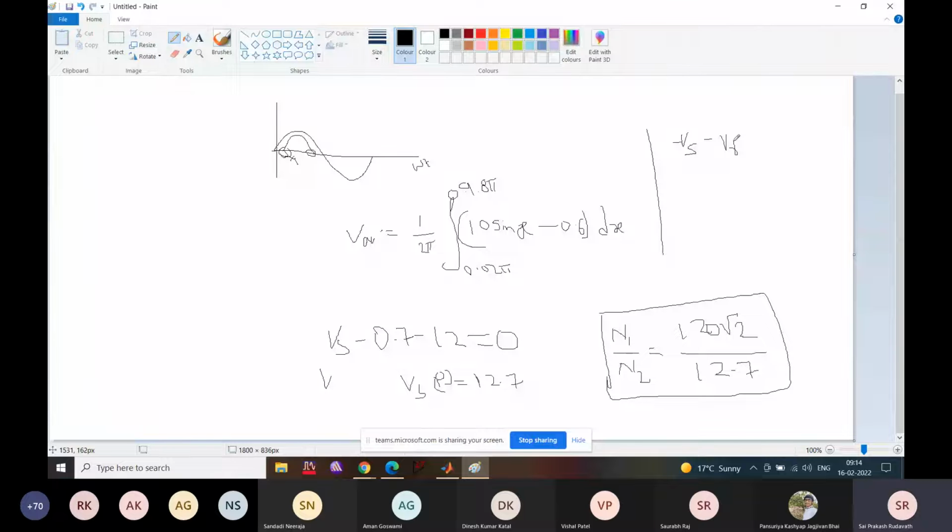Apply KVL. I didn't understand where it is given. Where it is given? Sir, minus Vs minus V gamma, for the negative half cycle. Okay, just wait.